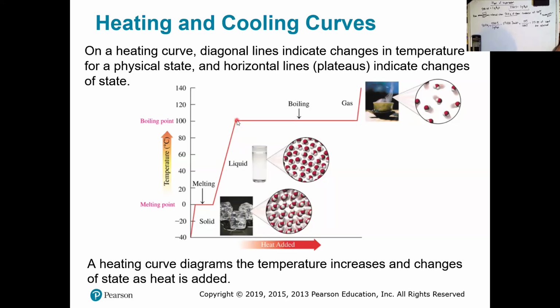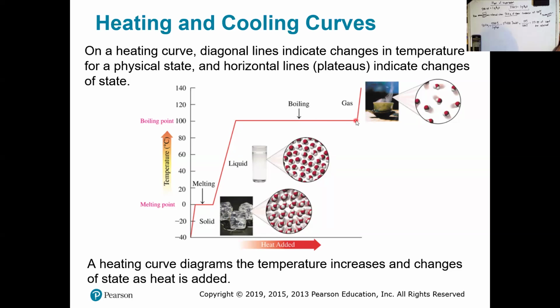And now at this point, our liquid water is going to start to boil and turn into steam. And during this whole section where we have this flat line here, all of the heat that we're adding is being used to boil our water. None of that water is increasing in temperature. All of that heat energy is going into changing liquid water into steam.